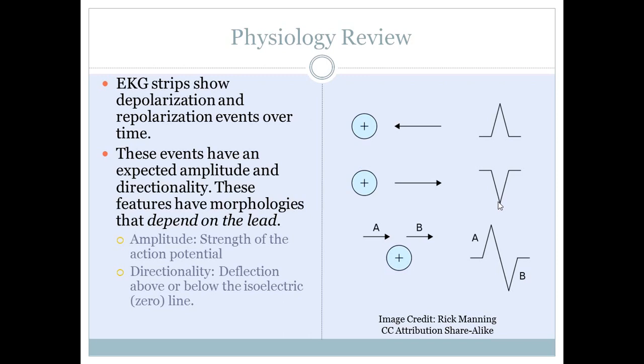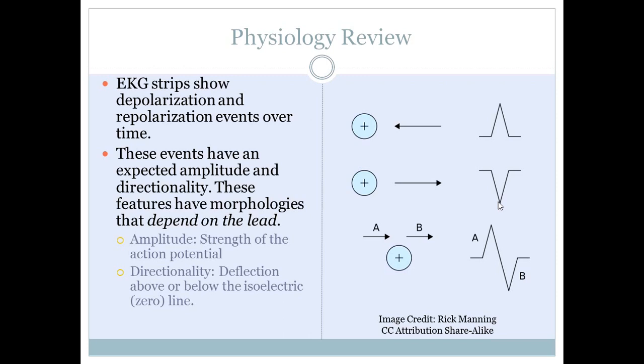These depolarization-repolarization events, based on what lead is being observed, will have an expected amplitude and directionality. Amplitude is the degree by which a spike moves on one side or the other of the isoelectric point. And the deflection is the directionality, whether it's a positive deflection or a negative deflection.